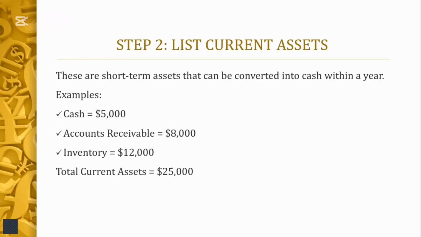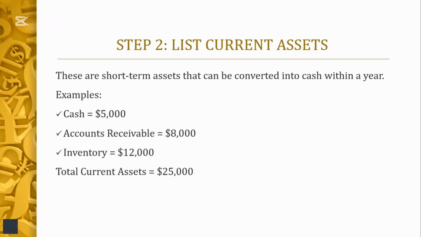We have our current assets, and these are, as we said, what we tend to have within 1 year. And in this case now, some examples would be cash of 5,000, accounts receivable, which are people who owe you money, $8,000, and inventory, which is what you have for resale, $12,000.